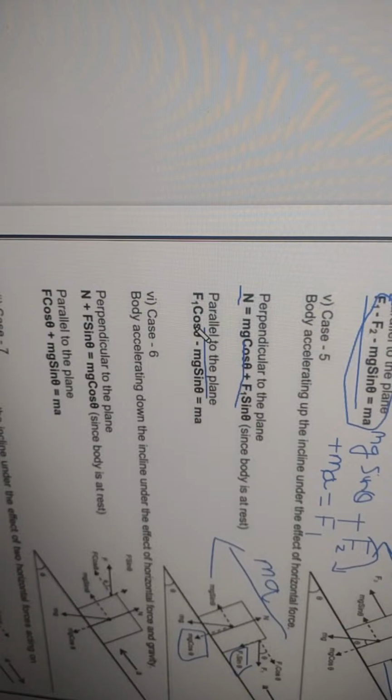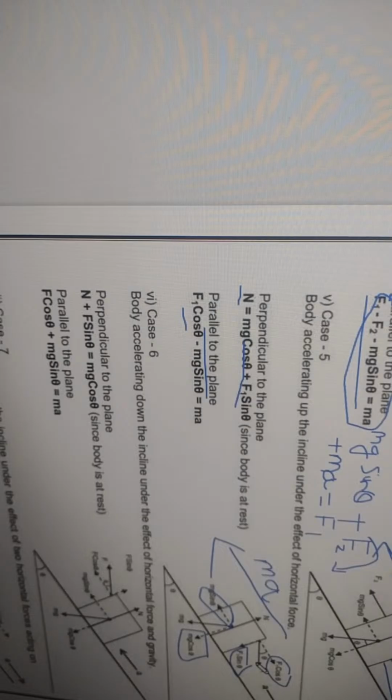Parallel to the plane, F1 cos theta minus mg sin theta, the opposite direction, equal to MA. MA is in this direction.